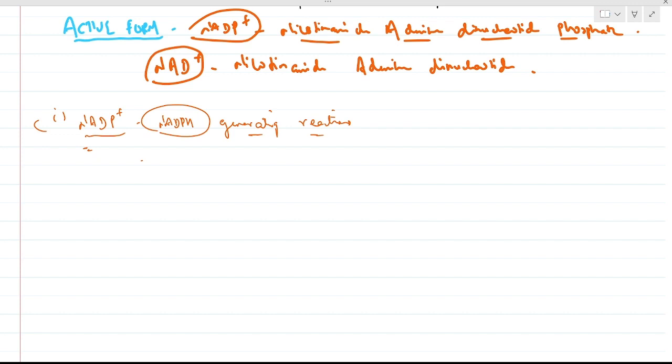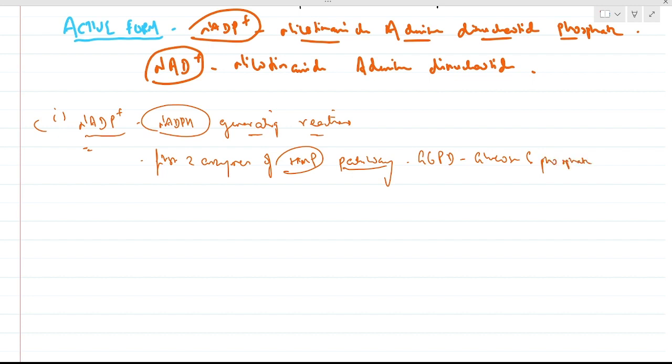These are the first two enzymes of the HMP pathway. This HMP pathway is a very important pathway in generating NADPH. For now, remember the first two enzymes are G6PD, that is glucose 6 phosphate dehydrogenase.